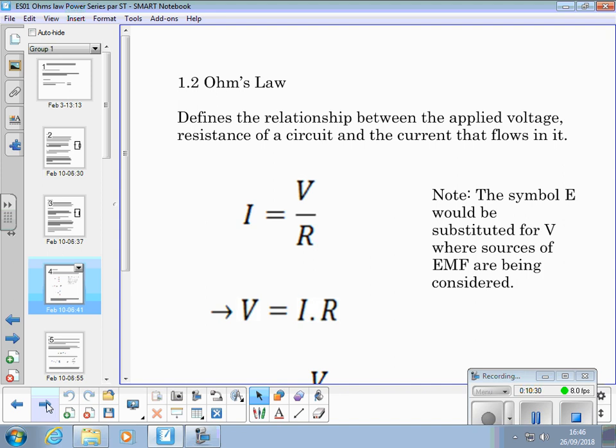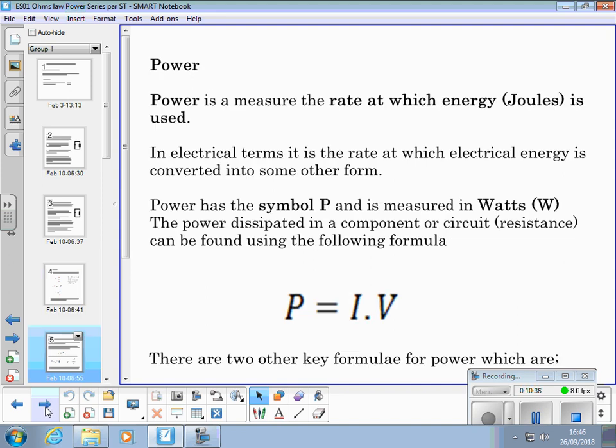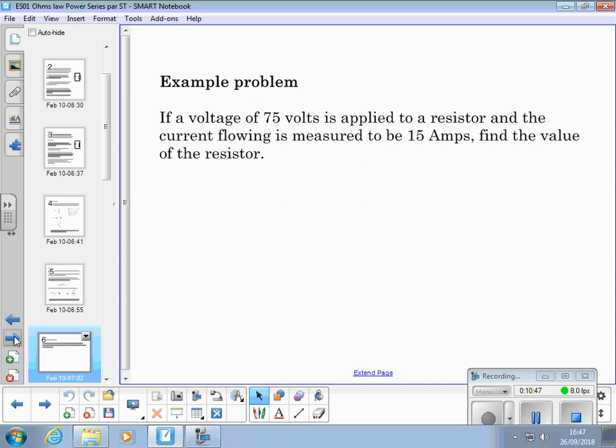Right, an example problem for you, fairly easy one. 75 volts applied to a resistor. So what formula are you going to use?